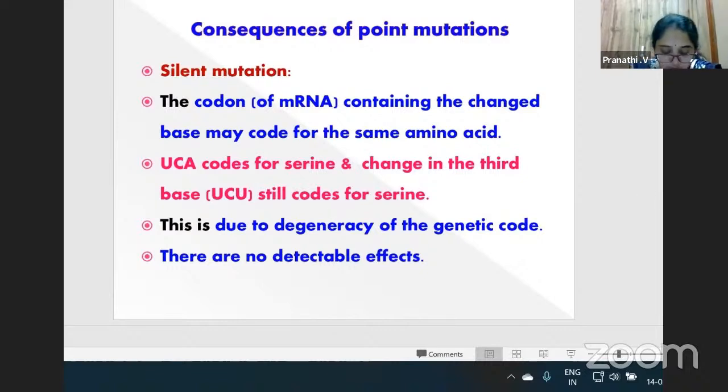When it comes to the splice site mutations, introns are removed during processing, so the mRNA only has the exon part to it. The removal of introns has to be done with a lot of precision.